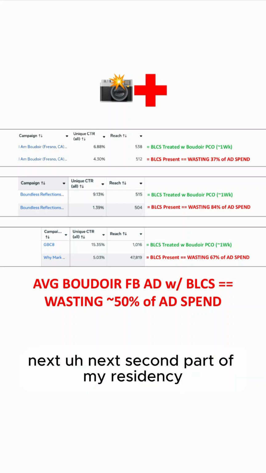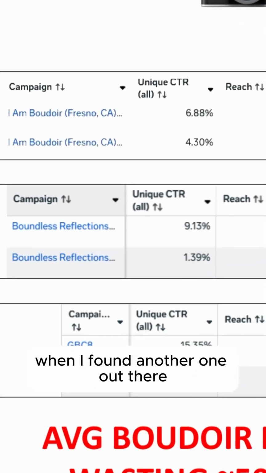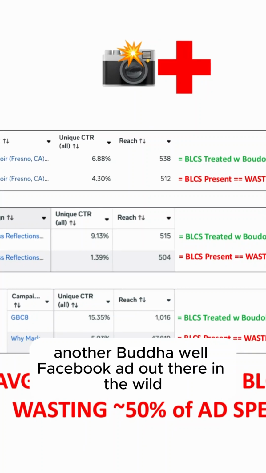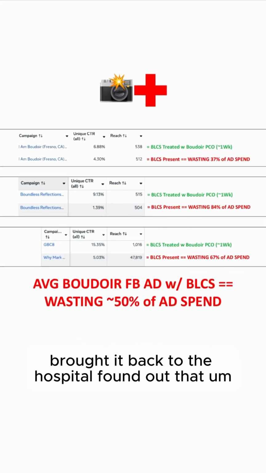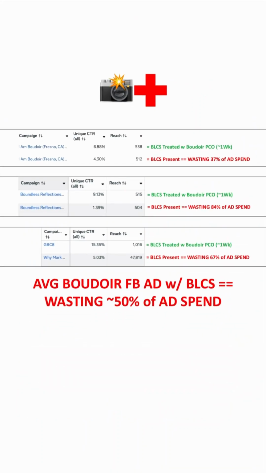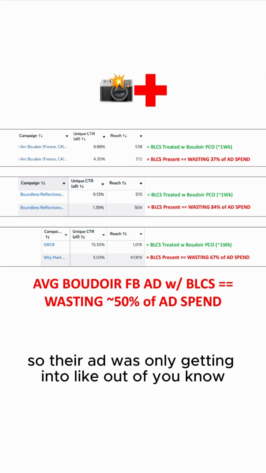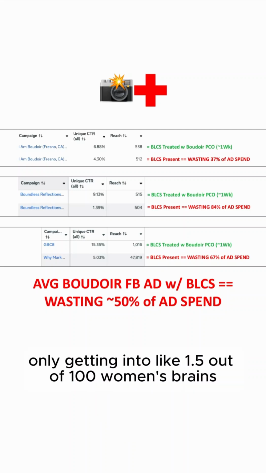Next, second part of my residency, I found another boudoir Facebook ad out there in the wild, brought it back to the hospital, ran it, tested it, found out BLCS was present, unique CTR of 1.39%. So their ad was only getting into like 1.5 out of 100 women's brains.